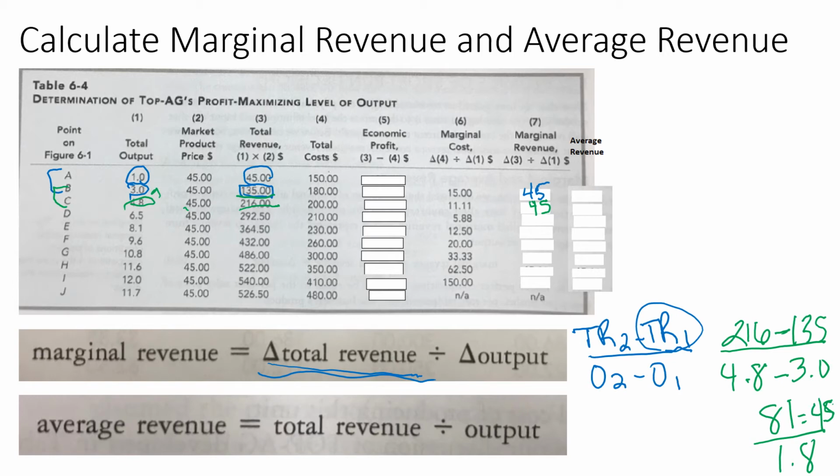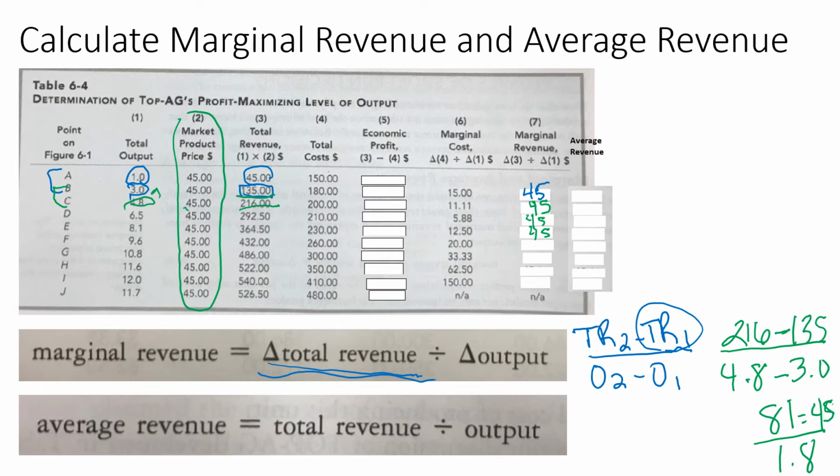Now you can go ahead and calculate all the rest of those. What you are going to find though is they're all 45. That's not always going to be the case with marginal revenue, but if we look here at the market product price, it's $45 no matter how many units we are selling.